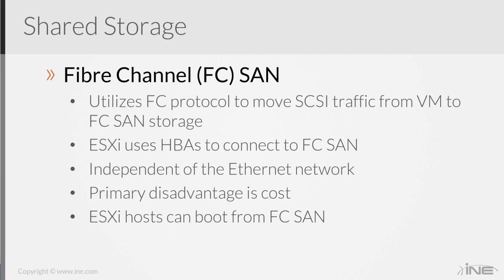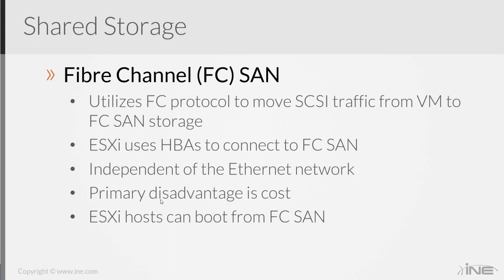Basically we would have our ESXi host with a host bus adapter. This is a dedicated adapter for Fiber Channel. It would connect to our Fiber Channel switch, which in turn would be connected to our Fiber Channel SAN. All of this would be independent of our regular Ethernet network in our ESXi host, so this would be a dedicated network or connection for storage.